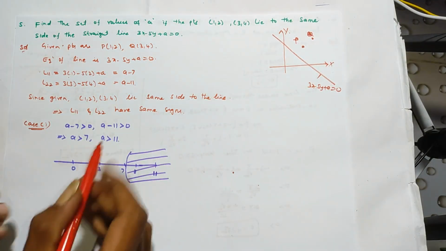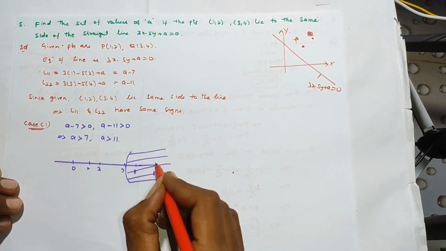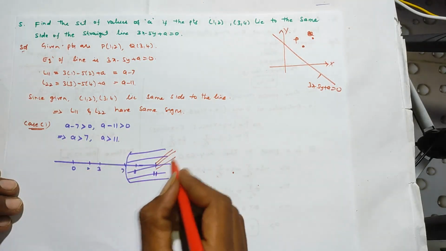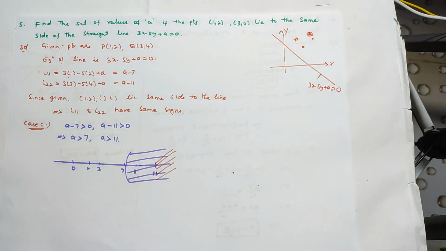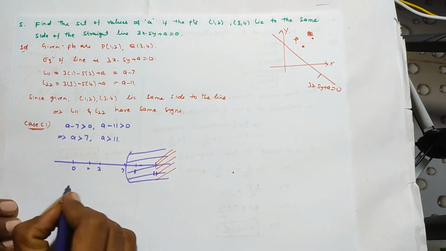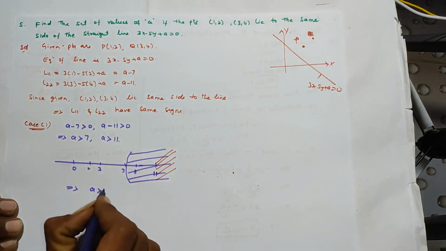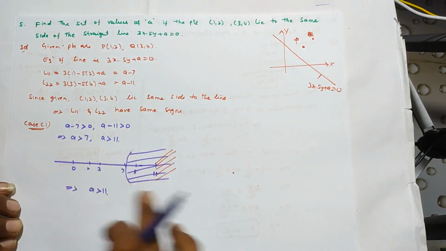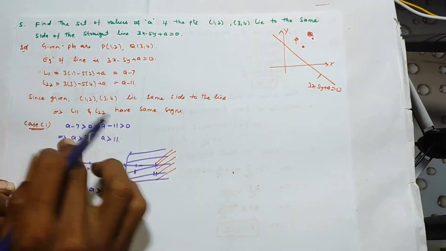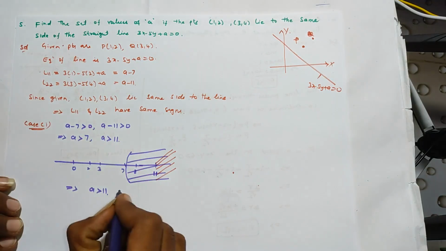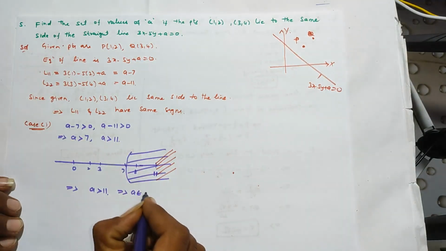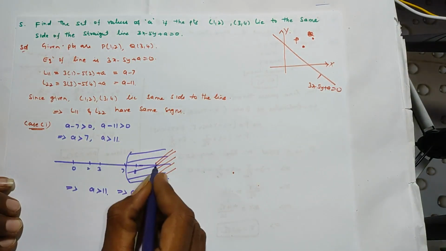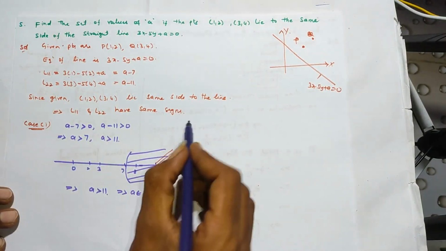And a values greater than 11 means here. So what is the common intersection from this one? a greater than 11 is the intersection of common points from both the conditions, right? Or it also can be written as a belongs to (11, infinity). From 11 to infinity here, it includes.